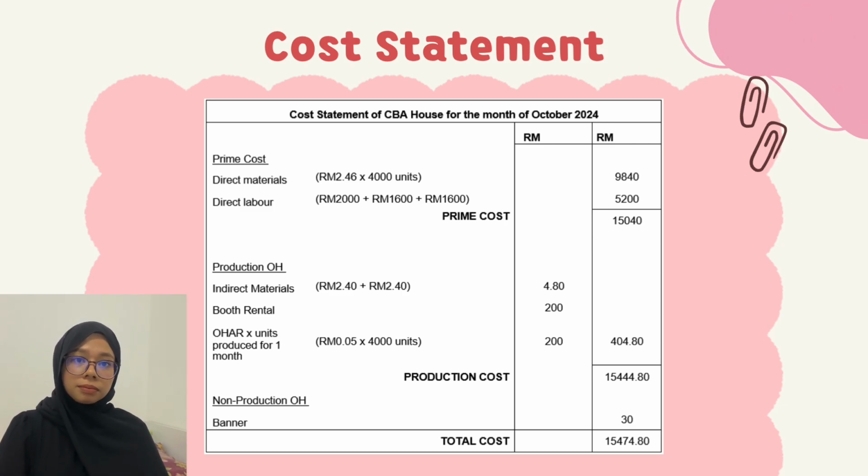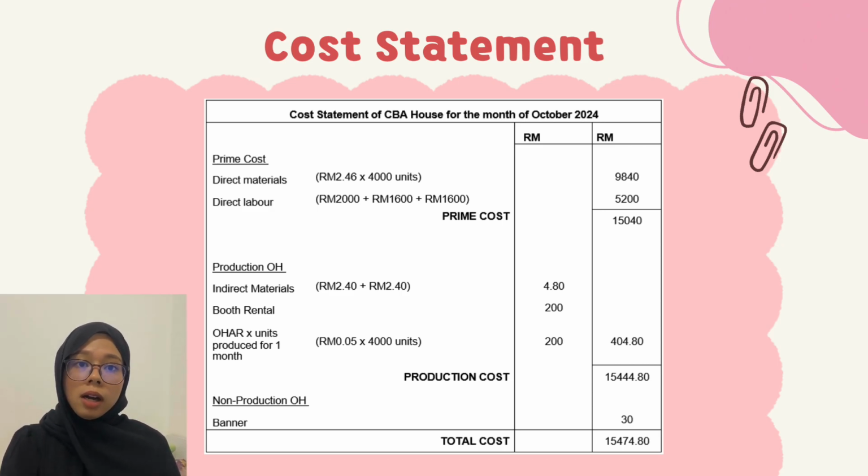So the prime cost, we will have 15,040 ringgit. And then for the production overhead, we have indirect materials, which is 2 ringgit 40 cents plus 2 ringgit and 40 cents, so you will get 4 ringgit and 80 cents. And then we have booth rental for 200 ringgit a month.